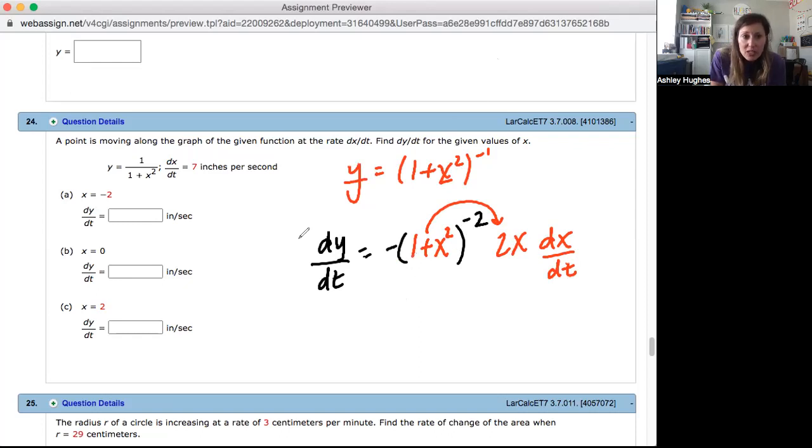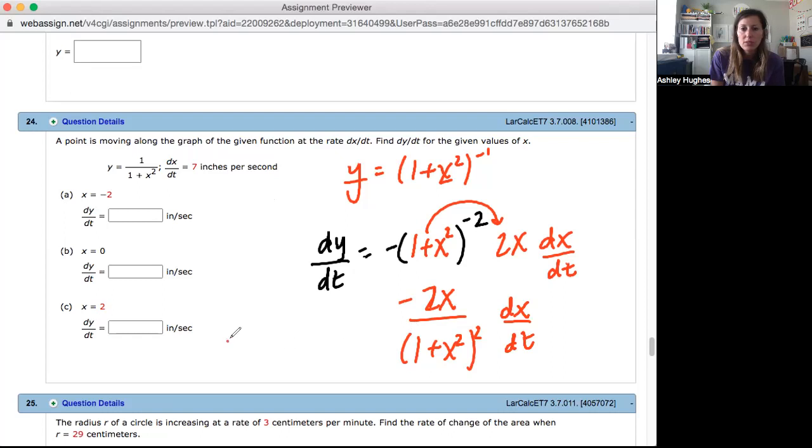Okay, so we're trying to find dy/dt when x is -2. So this is like -1 over 1 plus x squared, 2x is there, and then dx/dt. So we know that x is -2. So it'd be -2 times -2, 1 plus (-2) squared, and we know dx/dt is 7.